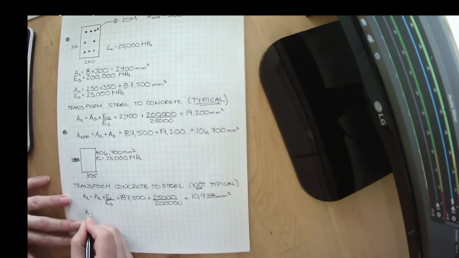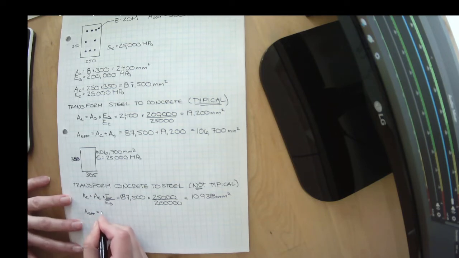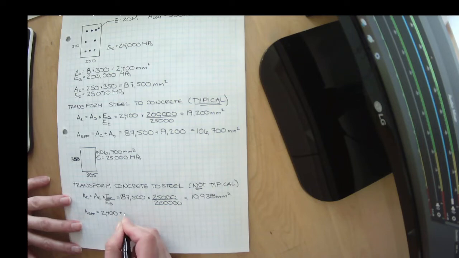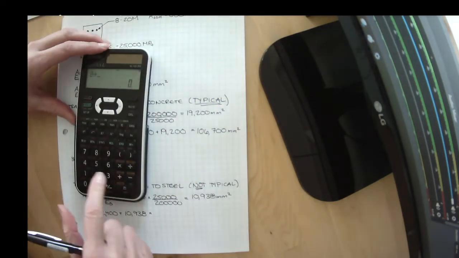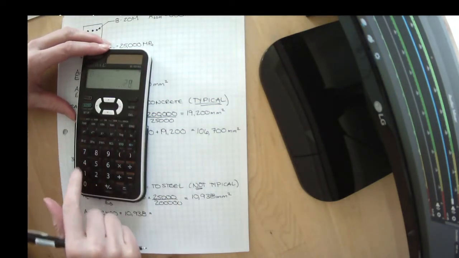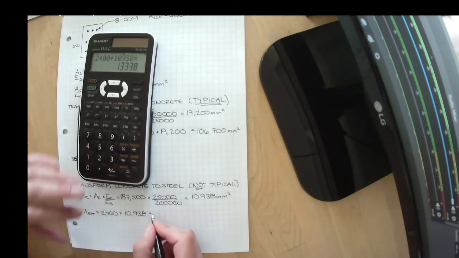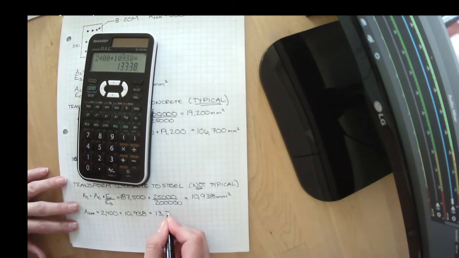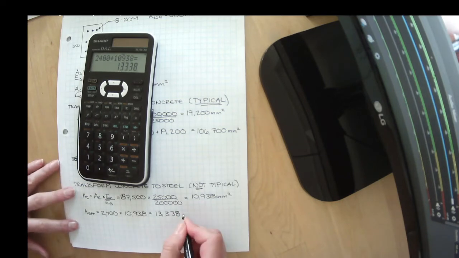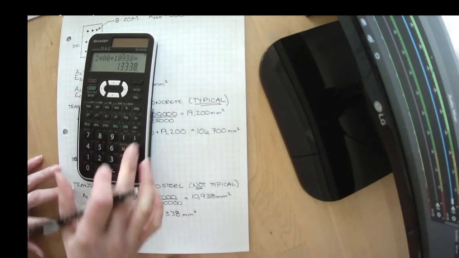So our effective area would be our area of steel plus the area of our transformed section, so 2,400 plus 10,938, or 13,338 millimeters squared.